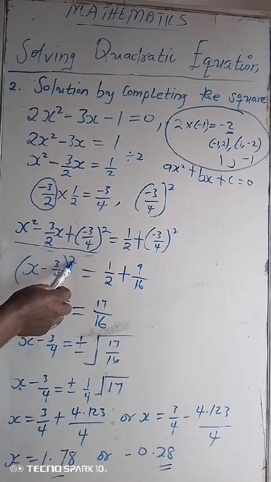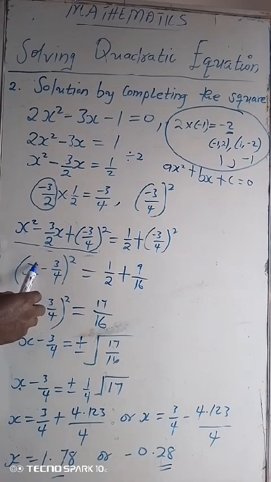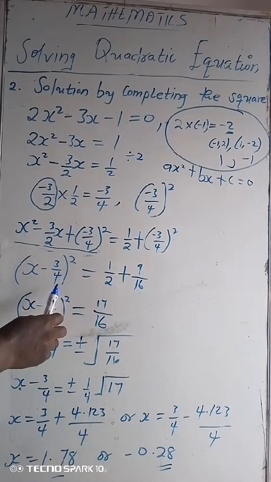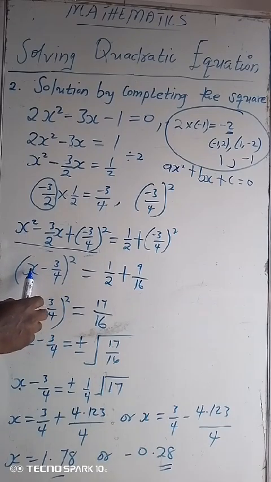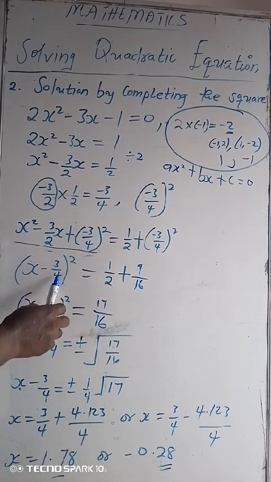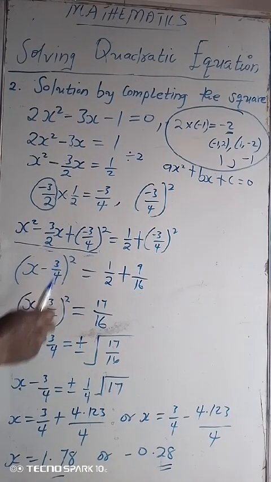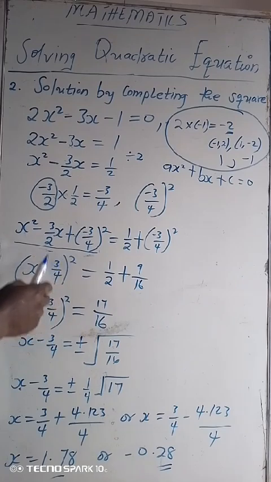And then as well as when we are to expand in the quick method, these two will take the square, which is here, and then these two will multiply the x as well as the negative 3 out of 4, which when we do, we are going to get 2 times x multiplied by negative 3 out of 4 will give me negative 6x divided by 4, and then since 2 can cancel, 2 will cancel the 6 giving me 3, 2 will cancel the 4 giving me 2, so we are getting back.